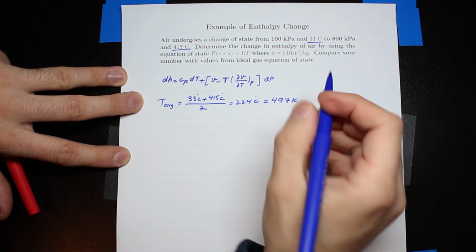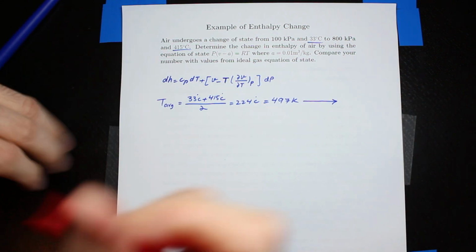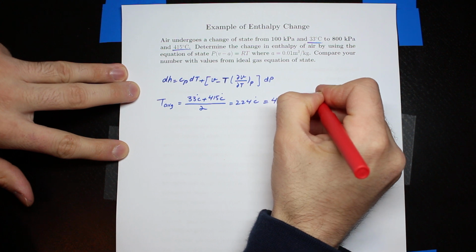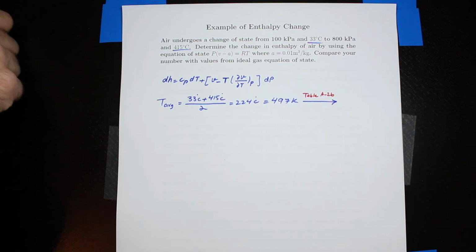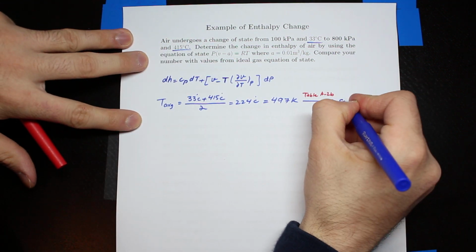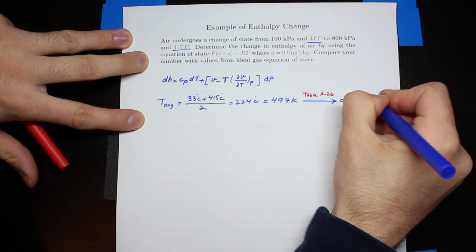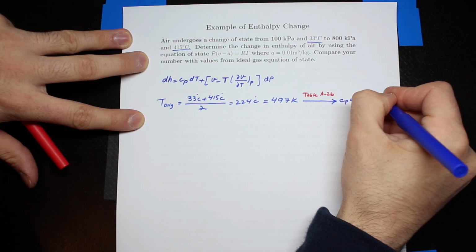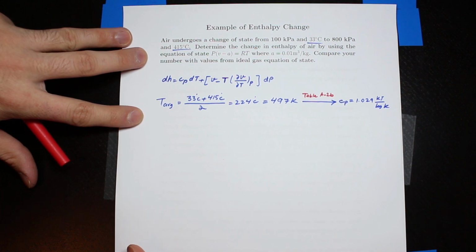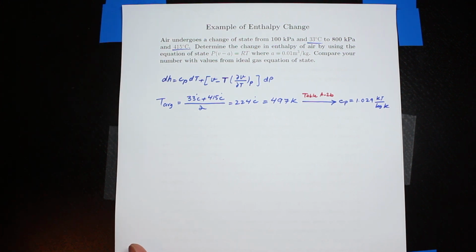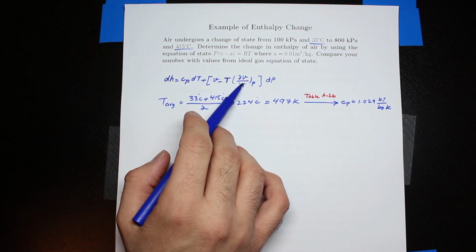Now, in the same table, table A2B, I would read Cp equal to 1.029 kilojoule per kilogram Kelvin. Right? So I am kind of done with this, but I need to do something for this part as well.